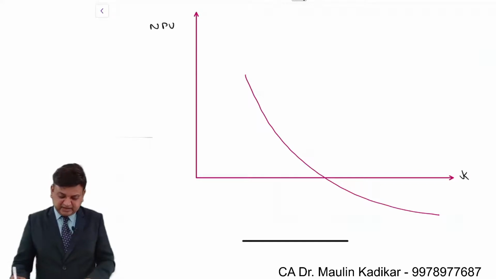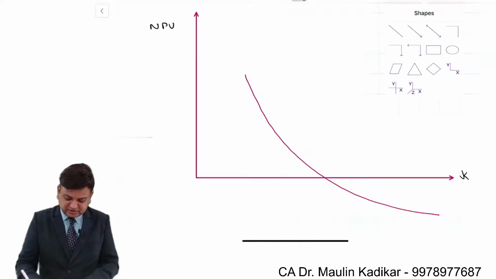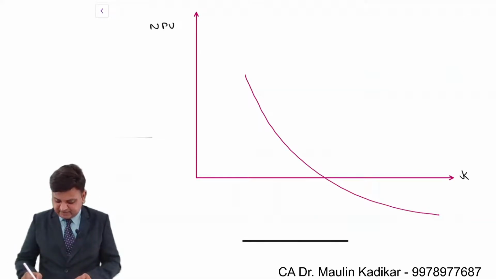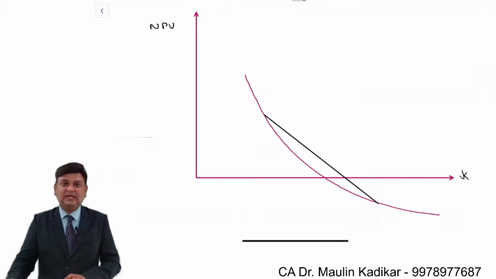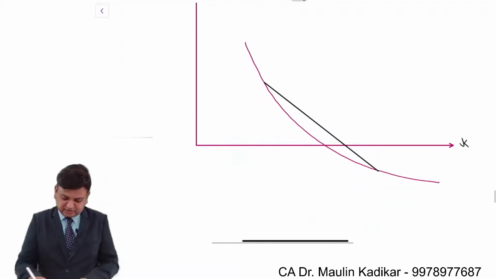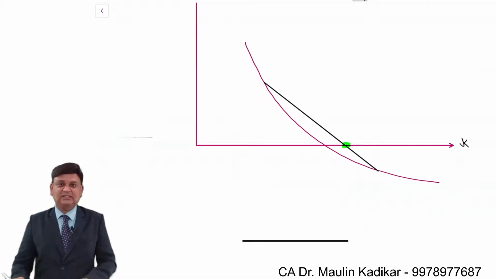In spite of that, IRR criteria makes an assumption that both of them are having proportionate relationship, and they give the answer of the internal rate of return. So IRR is giving this answer, and actually IRR answer is this. So there is a small margin of error over here.